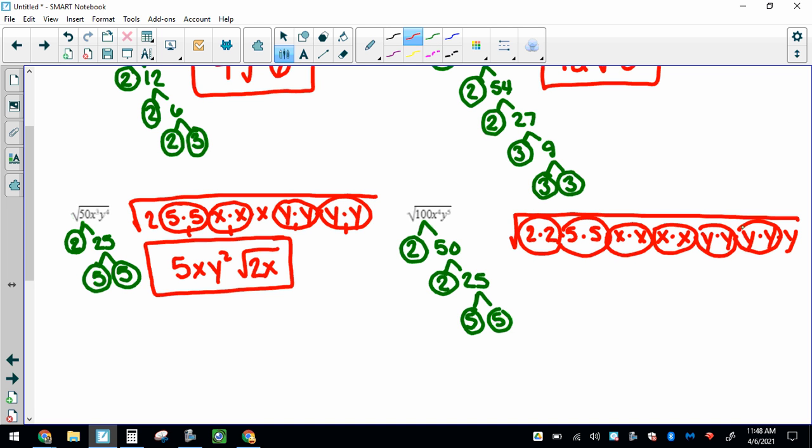So we're going to multiply everything together. So 2 times 5 makes 10. There's 2 pairs of x's, so that's going to be x squared. 2 pairs of y's, so that's going to be y squared. And then everything left underneath the radical is just that one lonely little y.